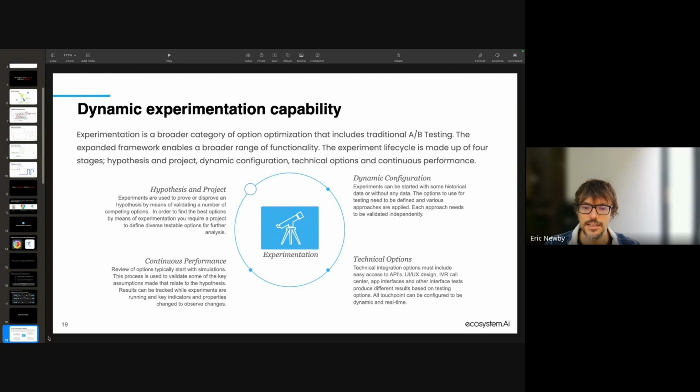And then there also might be lags in actually getting the data to measure that success. So it could be that your journey completion data only updates at the end of every day, or a range of things like that.